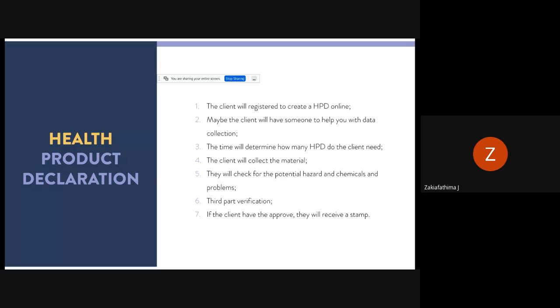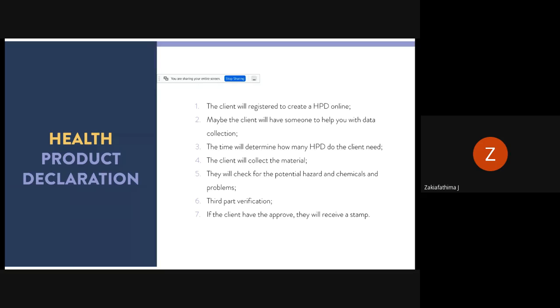How you actually do this is the client will have to register the product online. After that, the authority and the certifier will help you through the data collection.